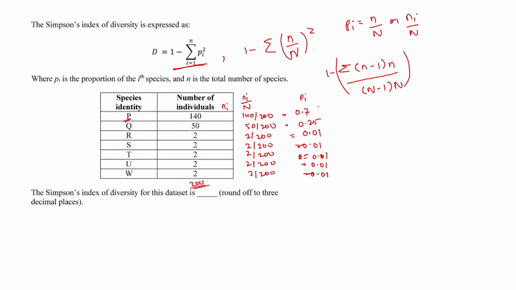We need to find pi square. So 0.49, and 0.0625. This will come out as 0.0001, again 0.0001, again 0.0001.